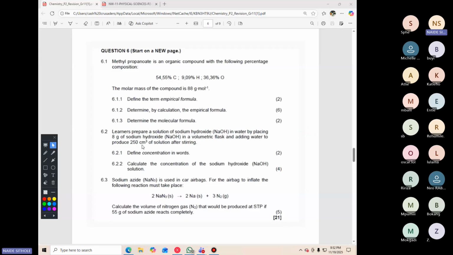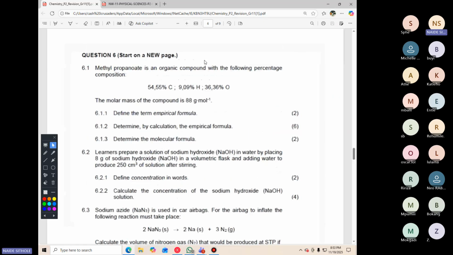Should we continue or try? With the empirical formulas and all that. When you look at those questions, do you see anything interesting that you would like us to do?